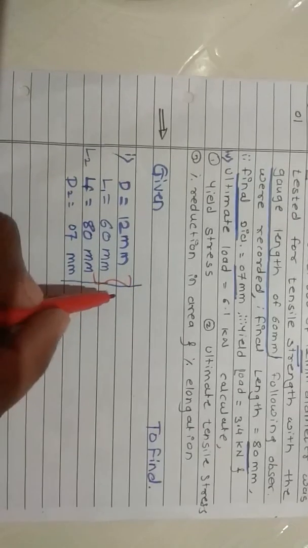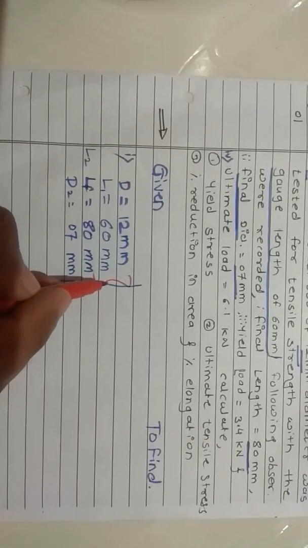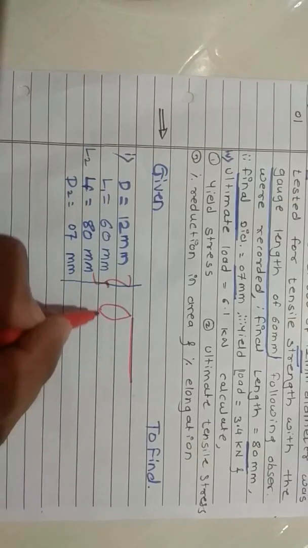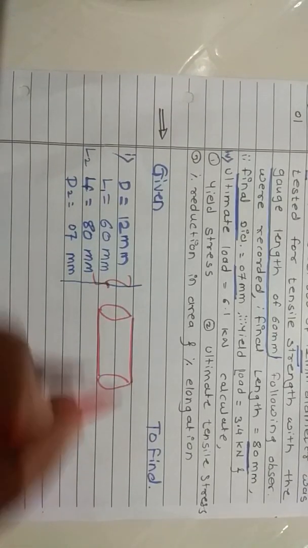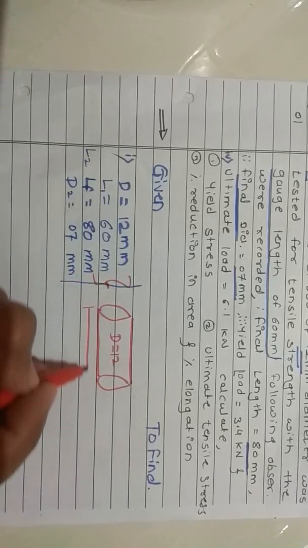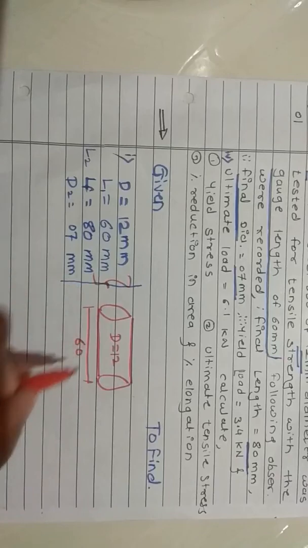Here these two terms are original dimensions. We will draw one rod which is having diameter 12 mm and length 60 mm.